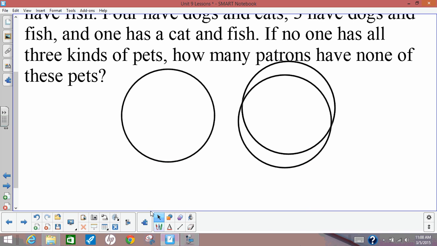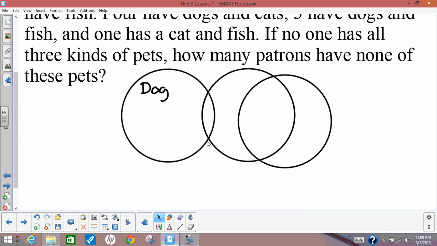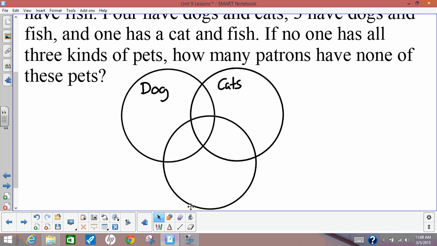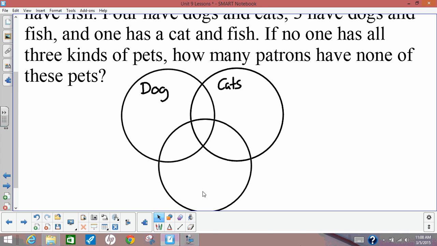So if we have a dog circle, some people have dogs and cats. Some people have cats and fish. Some people have dogs and fish. So we're going to have these three things overlapping.